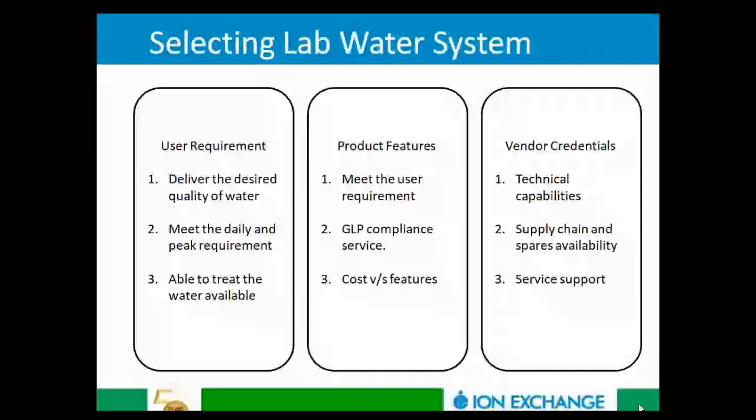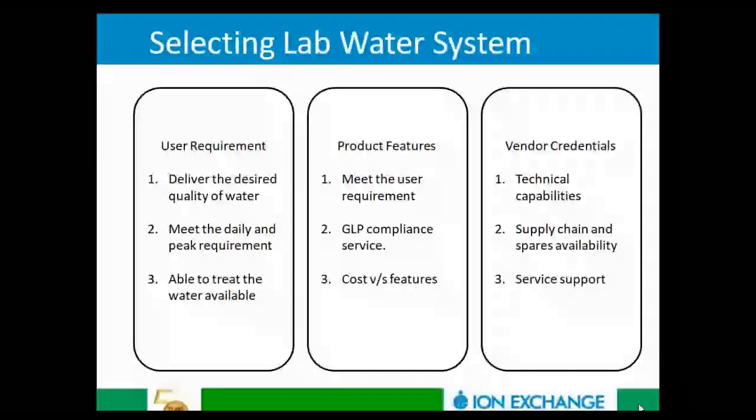The second is GLP compliance service. Today, without saying, all the products that come have to meet good laboratory practices, whether in terms of the quality of the product, the performance, the documentation, or the on-site qualification for a regulatory environment.